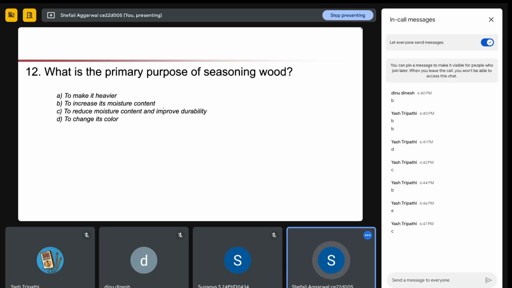Why are we doing seasoning? Anyone? So seasoning of wood means to reduce the moisture content and to improve the durability. So two types of seasoning we talked about, natural and artificial, right?